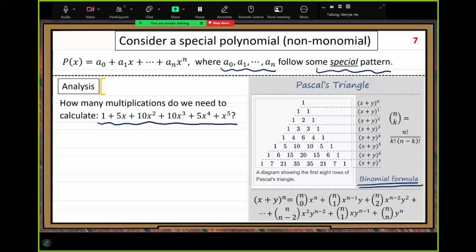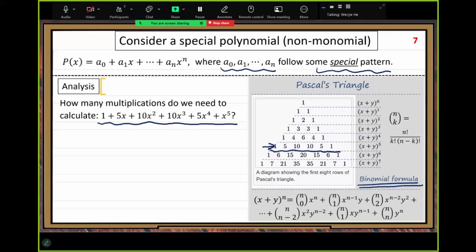What is that pattern? You can find the coefficients in Pascal's triangle. 1, 5, 10, 10, 5, 1. One of the rows in the Pascal triangle.